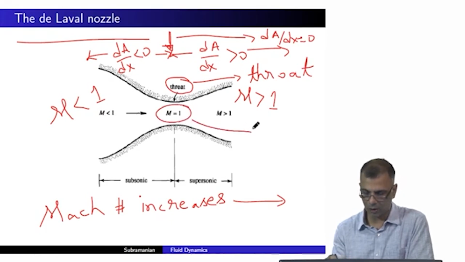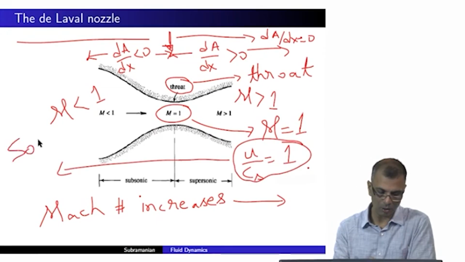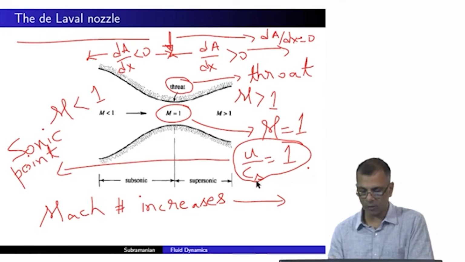Whereas on the right, once you pass what's called the sonic point, in other words, U over c_s is equal to 1, right? This is called the sonic point for obvious reasons: the flow speed is equal to the sound speed.